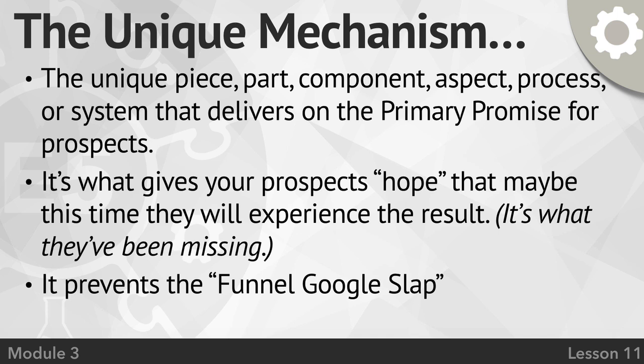When you sell the generic, like Facebook ads, or how to advertise on Facebook, or how to advertise on Google, or 5 ways to grow bigger tomatoes, or 6 ways to lose belly fat, what you're selling is a commodity, the generic, the common. And what that does is it allows prospects to press pause on your video, go over to Google and type in the generic, the 5 ways to lose belly fat, the 5 ways to grow a greener lawn.